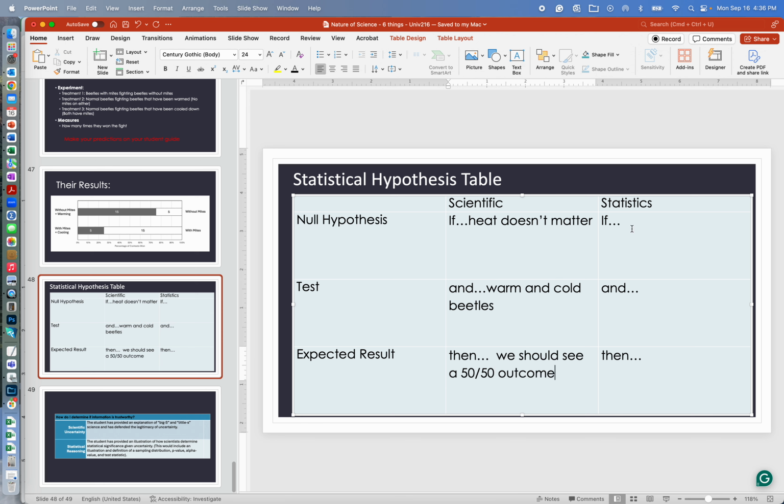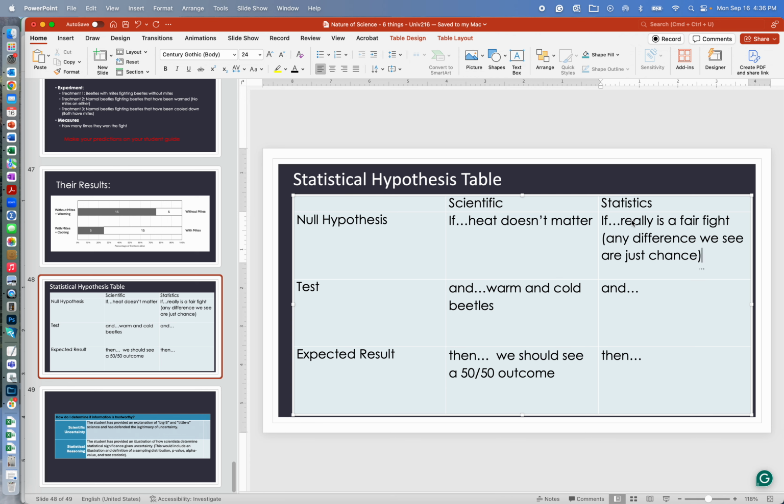So then the statistics say, if it really is a fair fight, i.e. any differences we see are just chance events and don't actually mean anything, and we calculate our statistic, our weirdness score, then it should fall to the left of alpha.